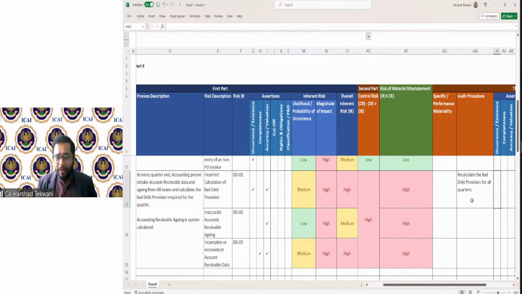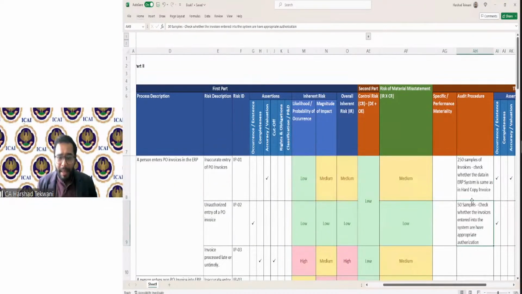So I may perform recalculation. Here, when I say sample 50 samples, check whether the invoice is there, I may inspect the invoice, inspect whether the invoices entered into the system are appropriately authorized. Same way, I may inspect and inquire.